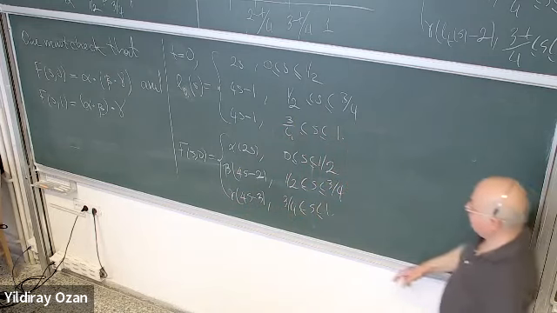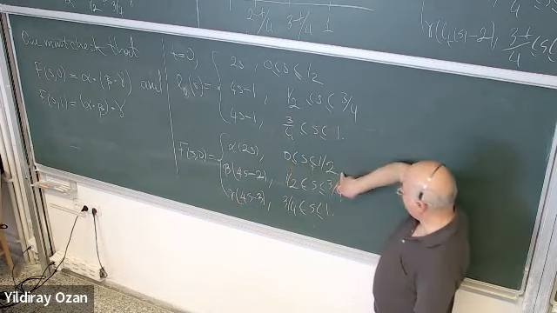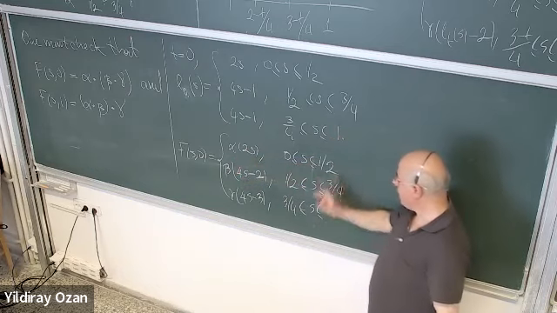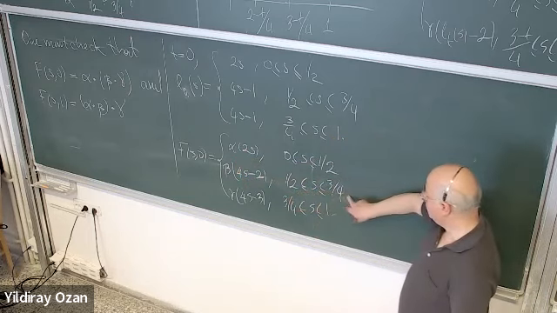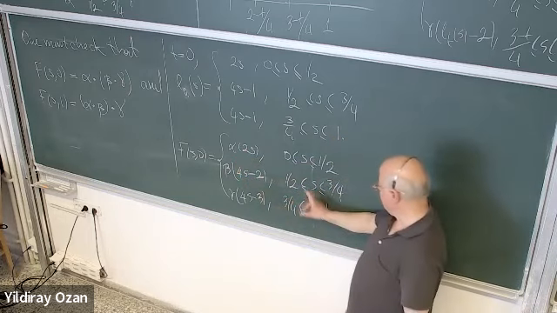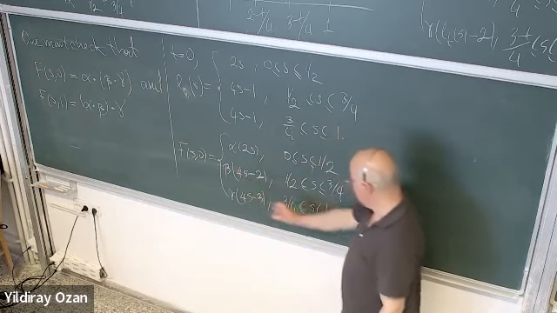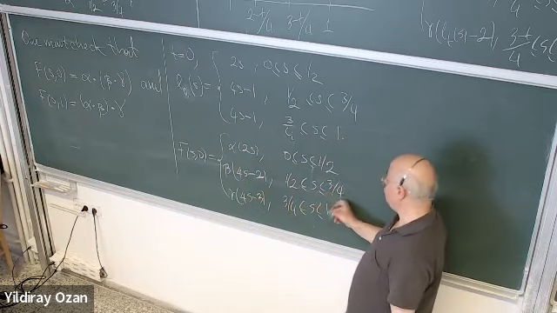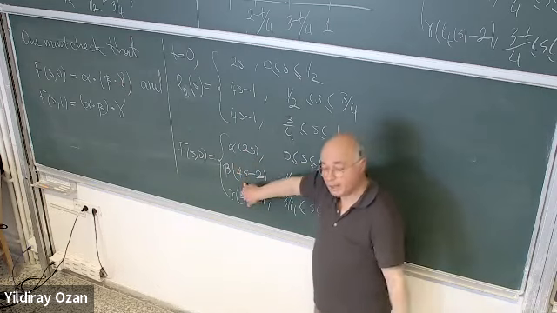Now let's see. As s goes from 0 to 1 over 2, alpha goes from 0 up to 1. As s goes from 1 over 2 to 3 over 4, when you plug in 1 over 2, you get 0. When you plug in 3 over 4, you multiply by 4 to get 3, subtract 2 to get 1. So it goes from 0 to 1 again.